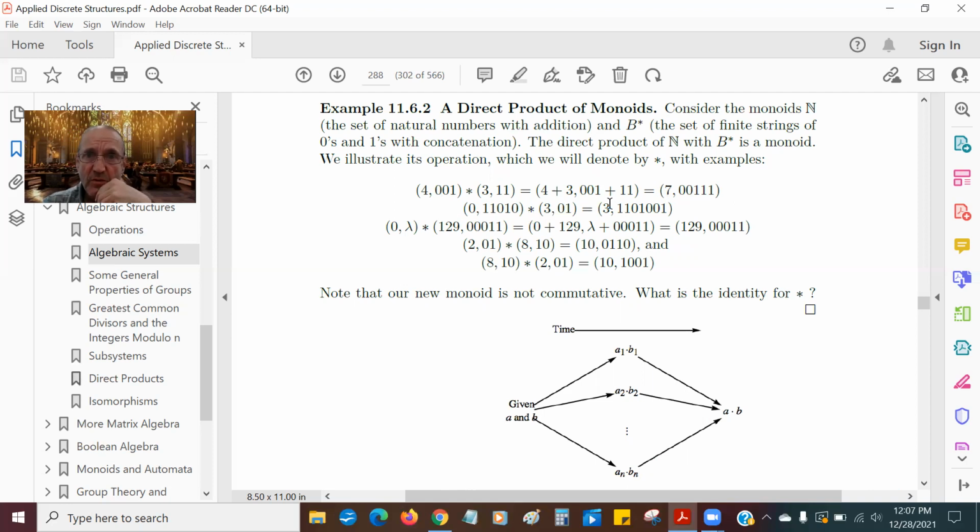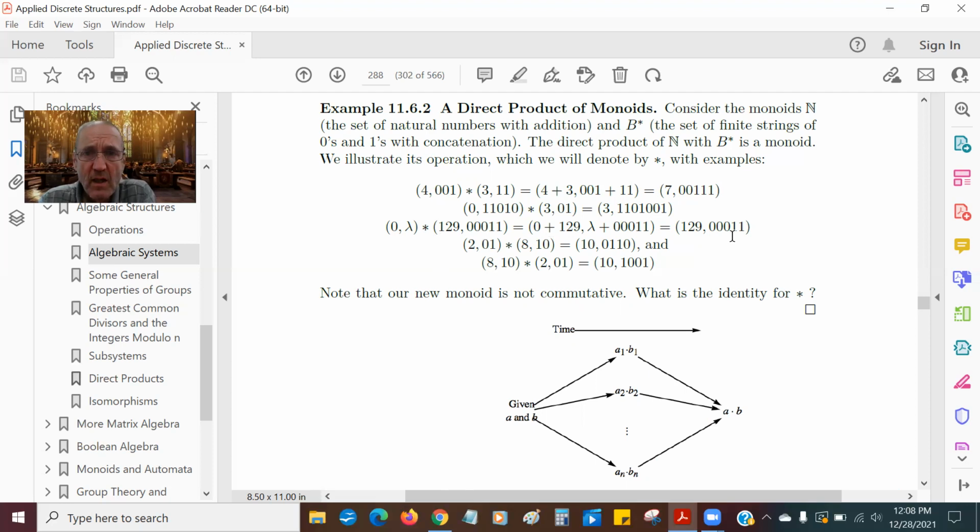So I get 0 plus 3, which is 3, and then I get 1, 1, 0, 1, 0, 0, 1. And 0 comma gamma star 129 comma 0, 0, 0, 1, 1 is going to be 129 comma 0, 0, 0, 1, 1.